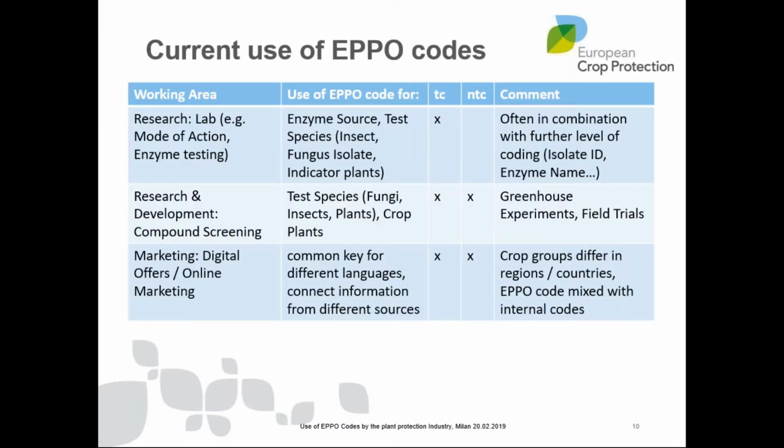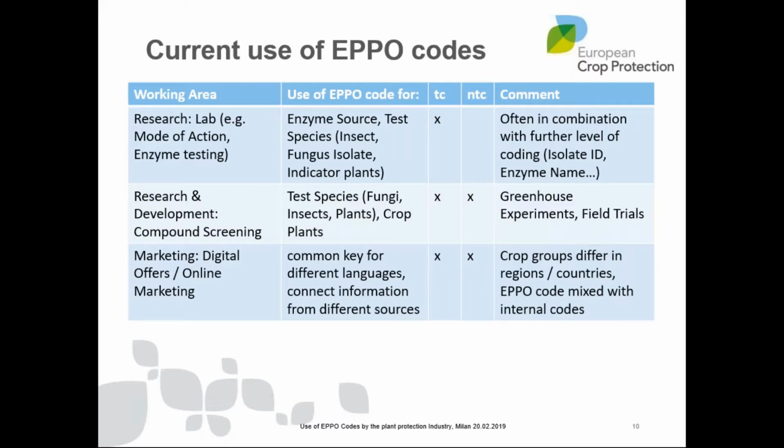So these are some concrete examples of what we code with the EPPO code. In lab research, when we are looking for the mode of action and testing enzymes, there is usually an organism behind an enzyme, so the source organism.